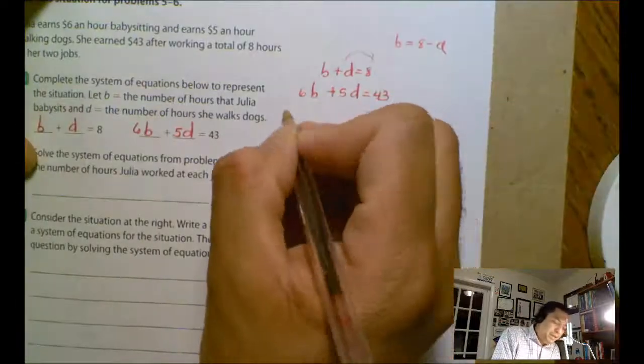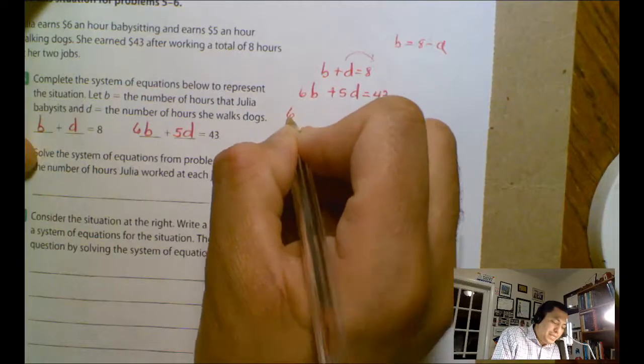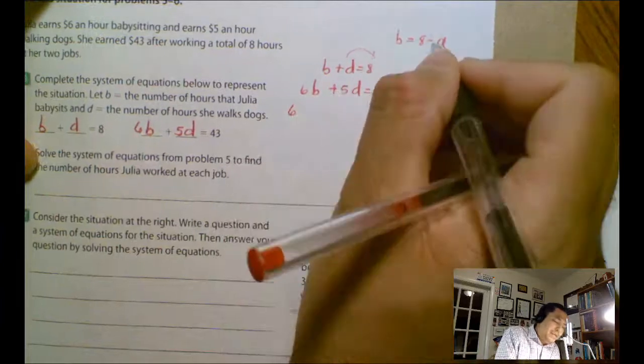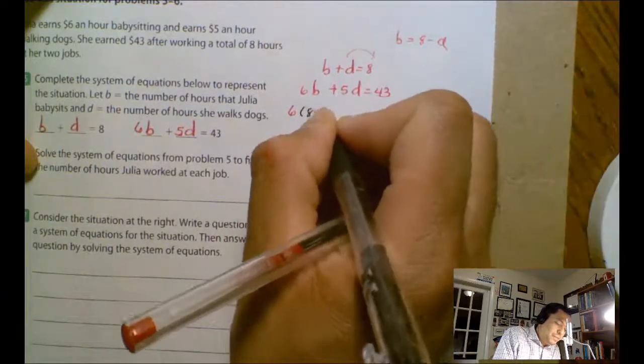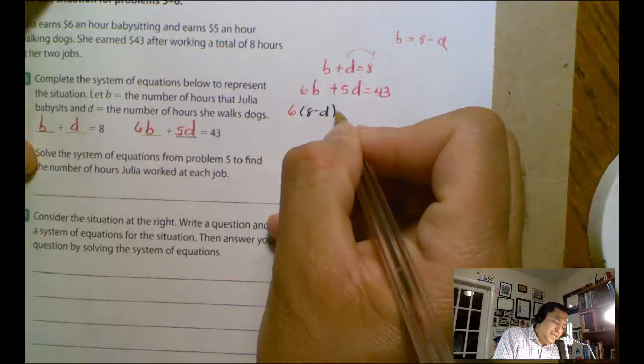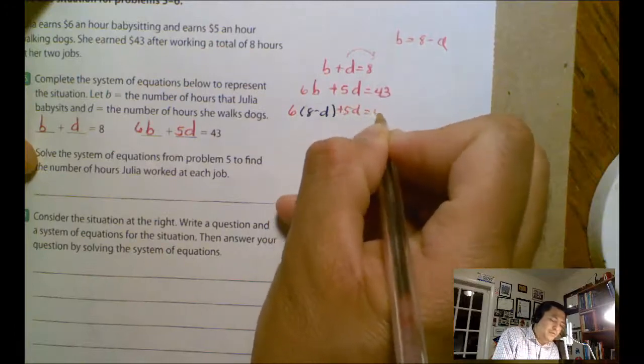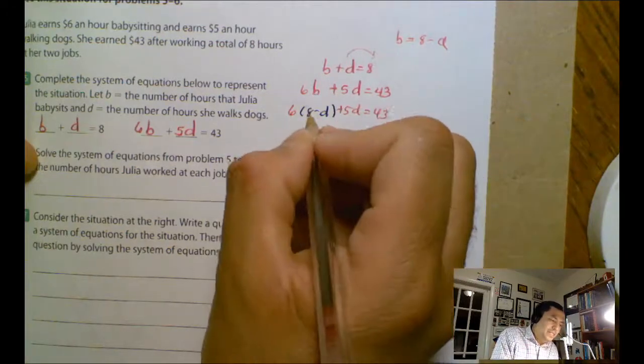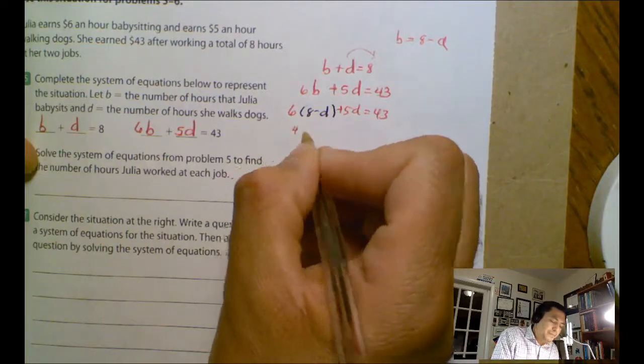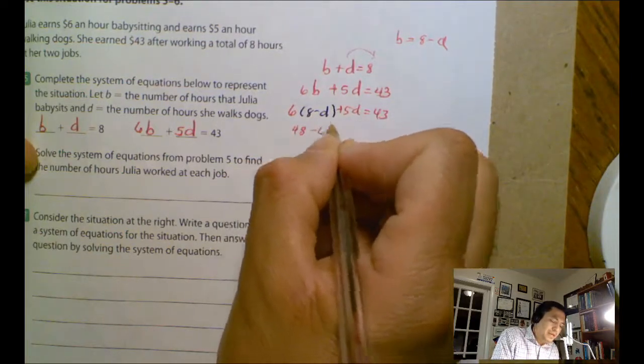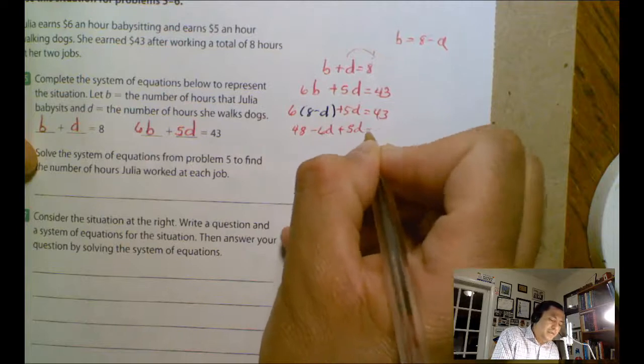Then I'm going to apply substitution. So I'm going to have 6 times, I know that B equals 8 minus D, plus 5D equals 43. Then 6 times 8 is 48, minus 6D plus 5D equals 43.